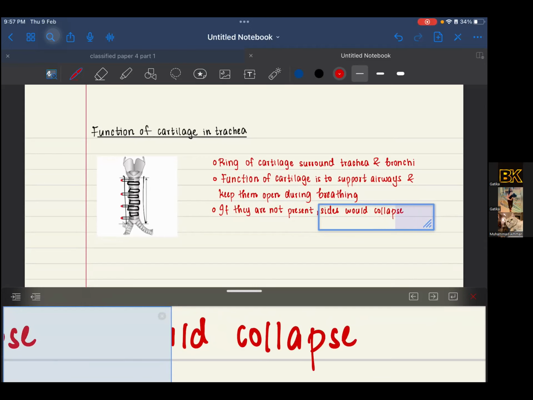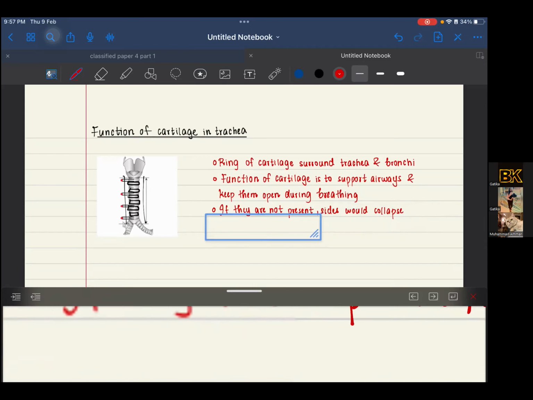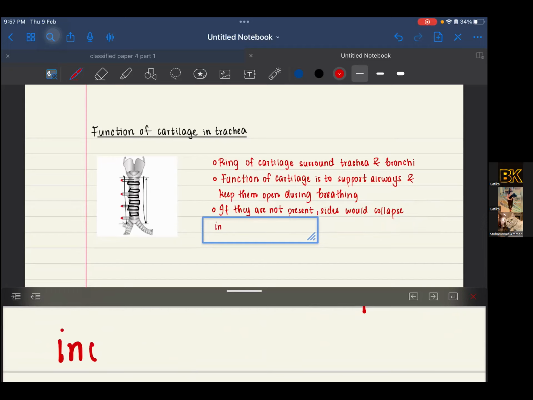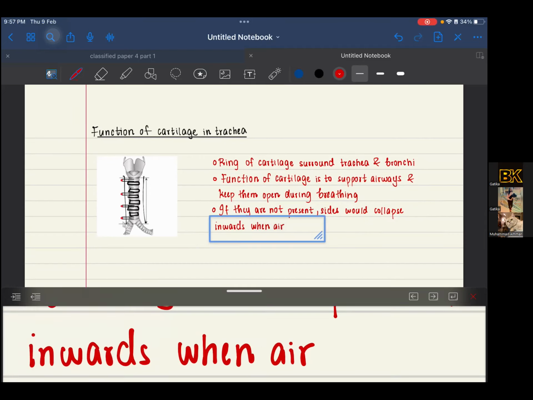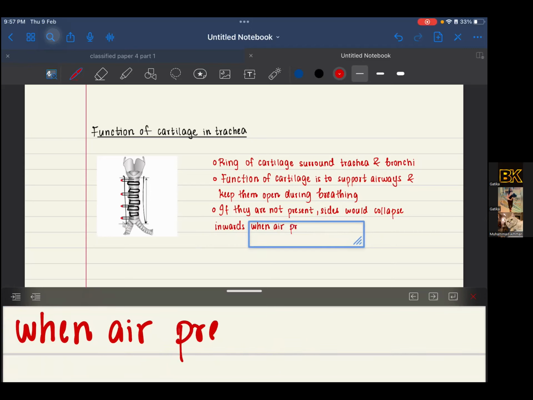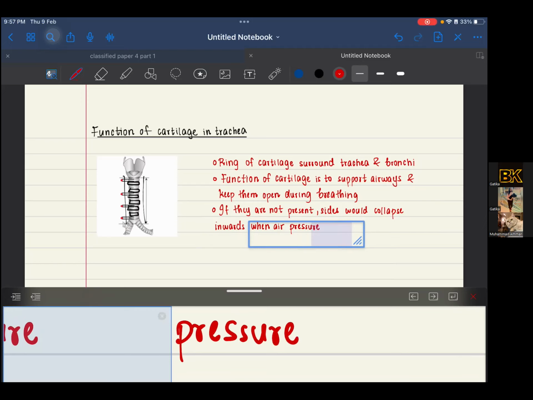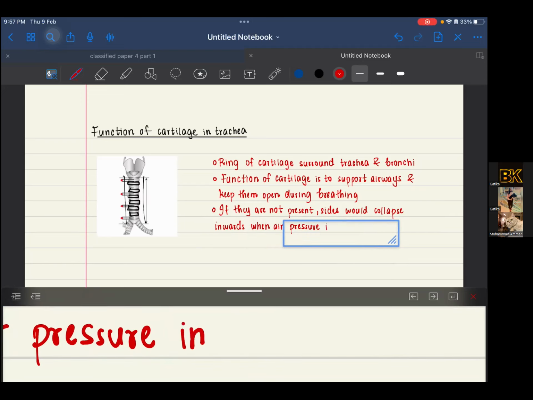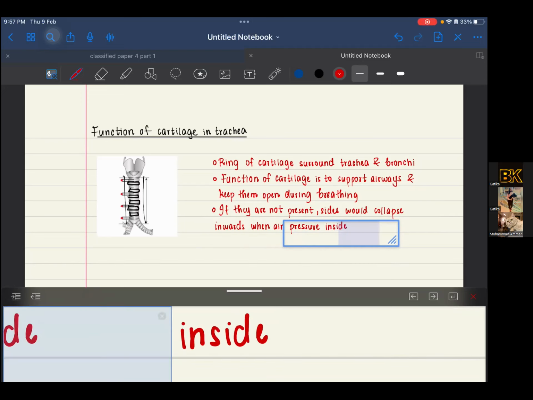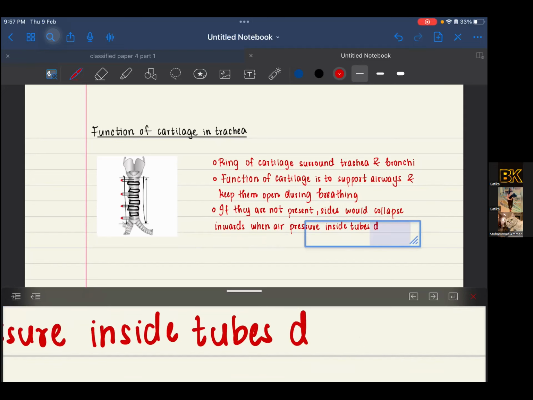Collapse is the correct word to use. They would collapse inwards when air pressure in the tube drops. Okay, understood? Okay, that is good.